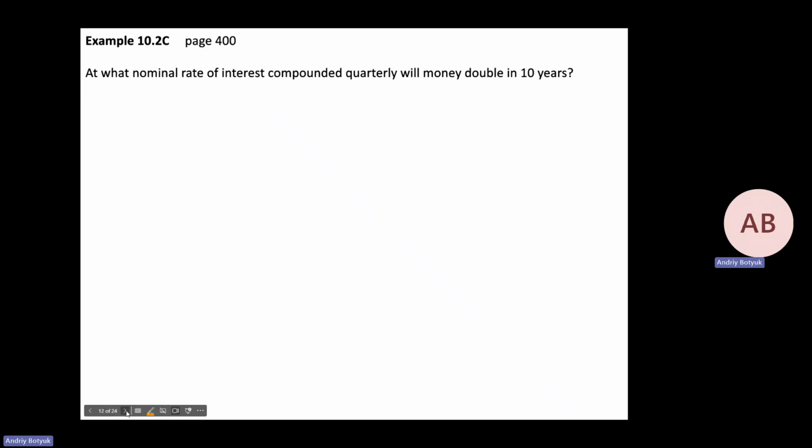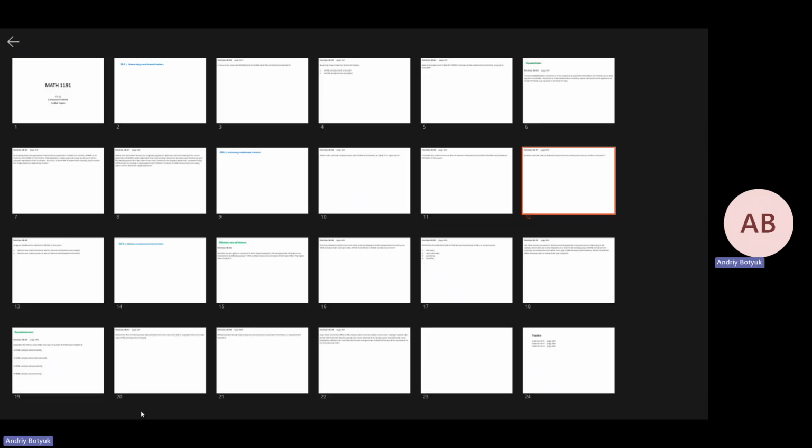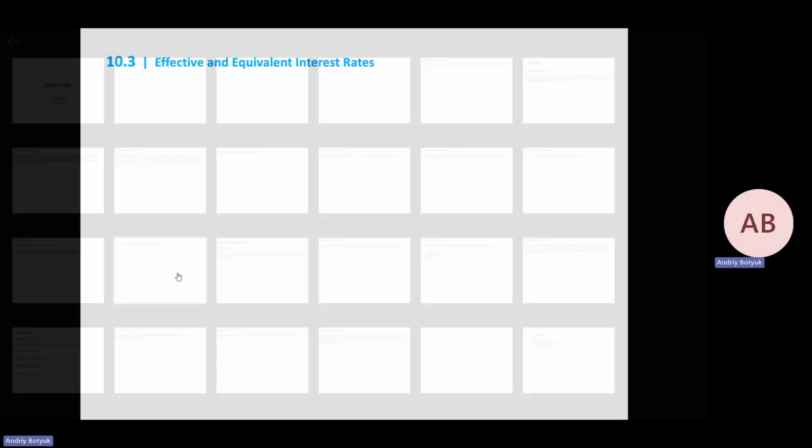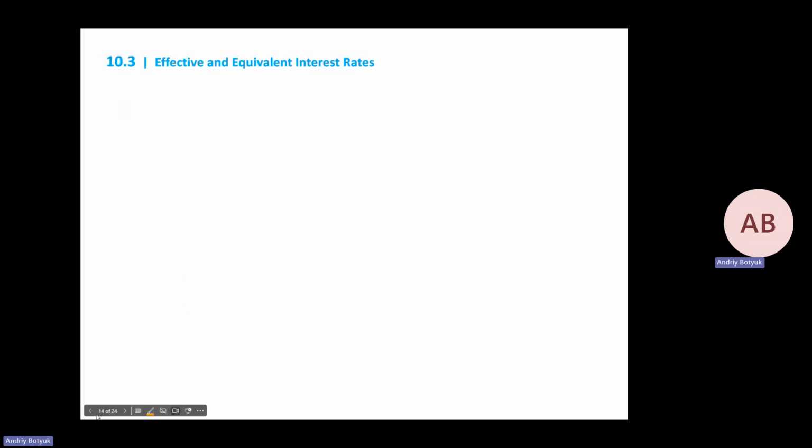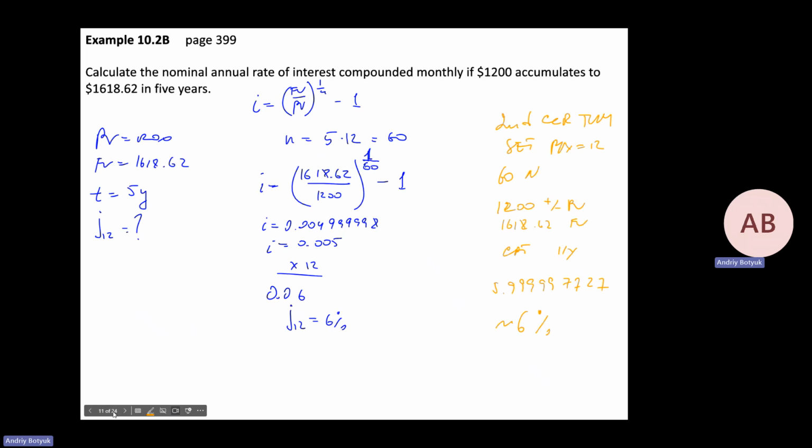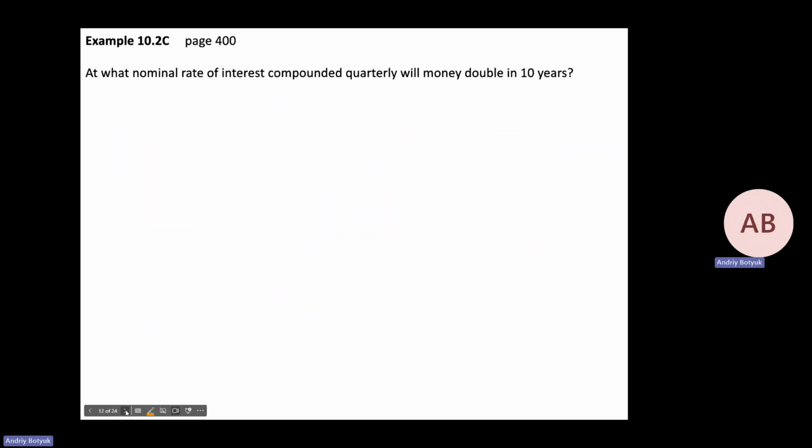So let me see what we have. Let's do this too, and we'll leave that for next time, or maybe we start, we'll see how it goes. At what nominal rate of interest compounded quarterly will money double in 10 years? So try it, not try it, just do it.